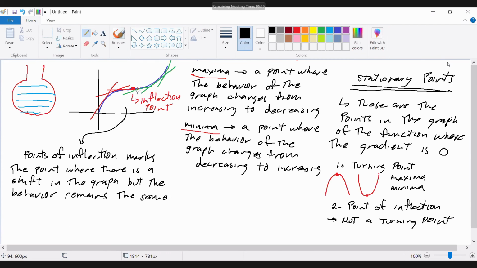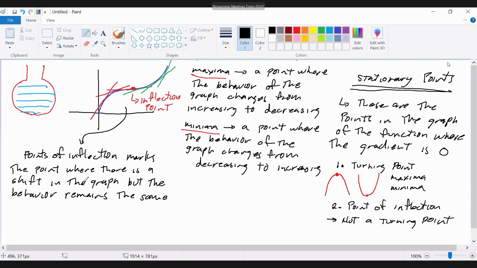Meaning, it can be from increasing, after the inflection it is still increasing, okay? Or originally on the left it is decreasing, and then after the inflection, it is still decreasing, okay? It is possible that way.